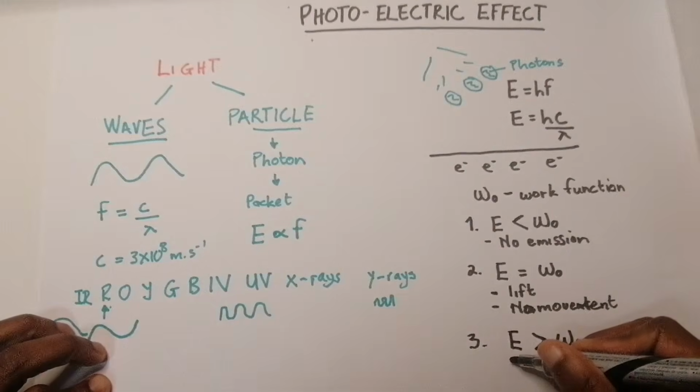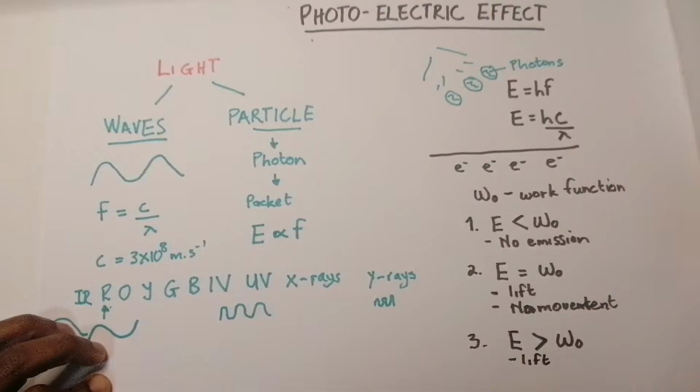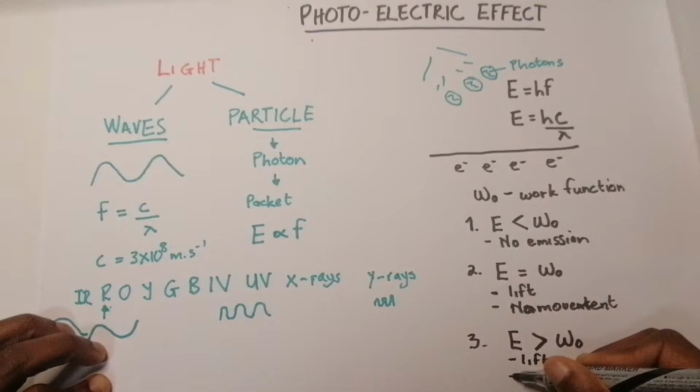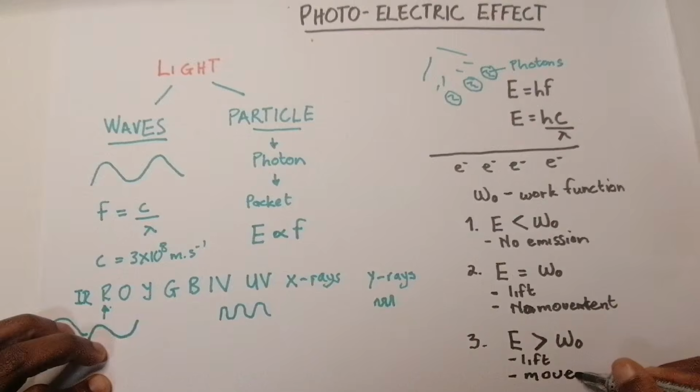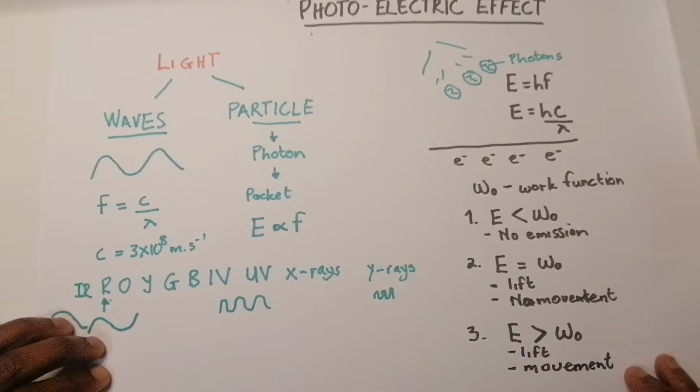Obviously the greater the amount of energy, the more the electron will actually be able to move. So in this case, not only are we going to lift the electrons, but electrons will be able to move. So we now have not just the lifting of electrons, but also movement of electrons.